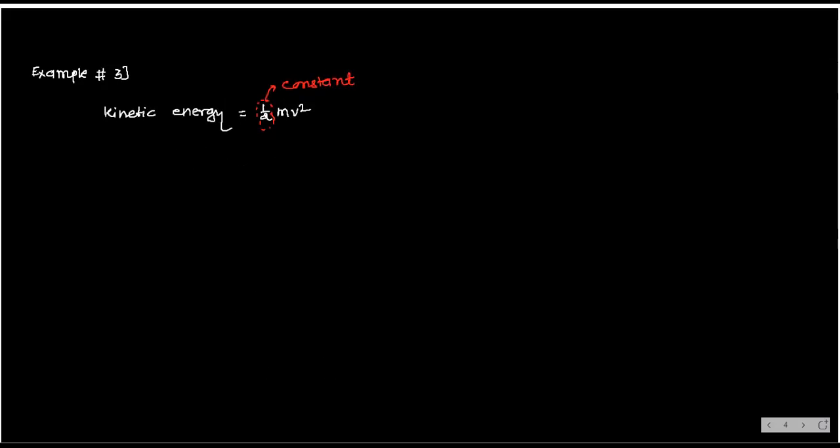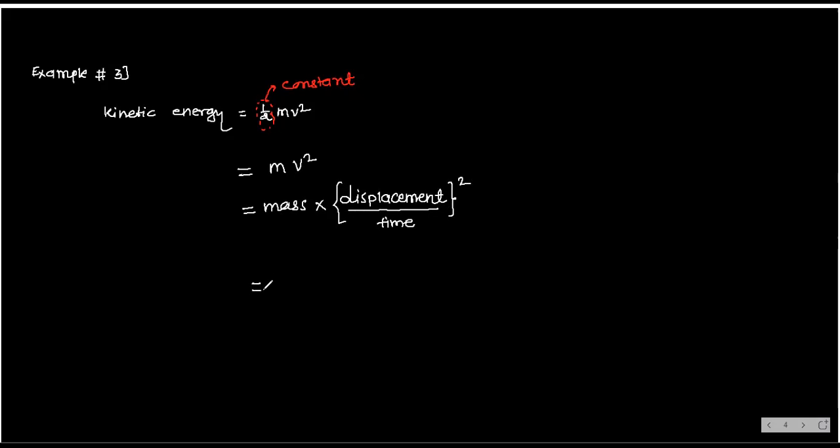So let's move ahead, but I am neglecting this one. Half is just a constant, so this is m into v square. So this is mass, and velocity I already told you, displacement by time, and keep it in mind, whole square. This is very important.